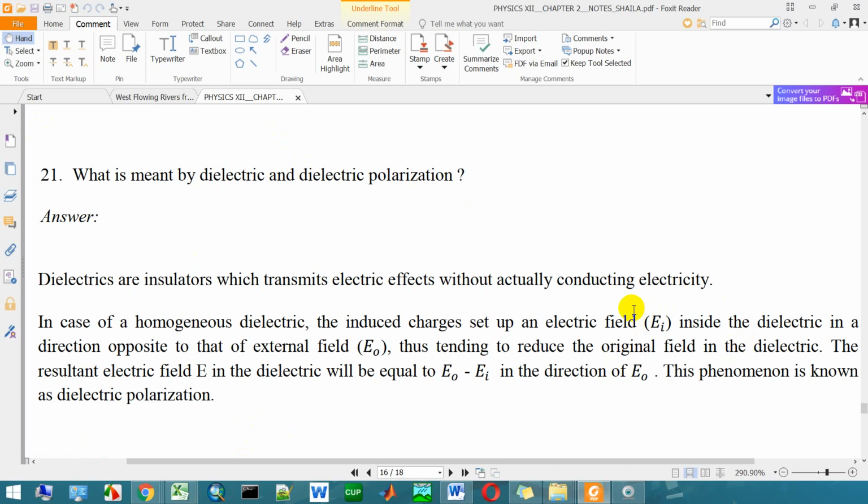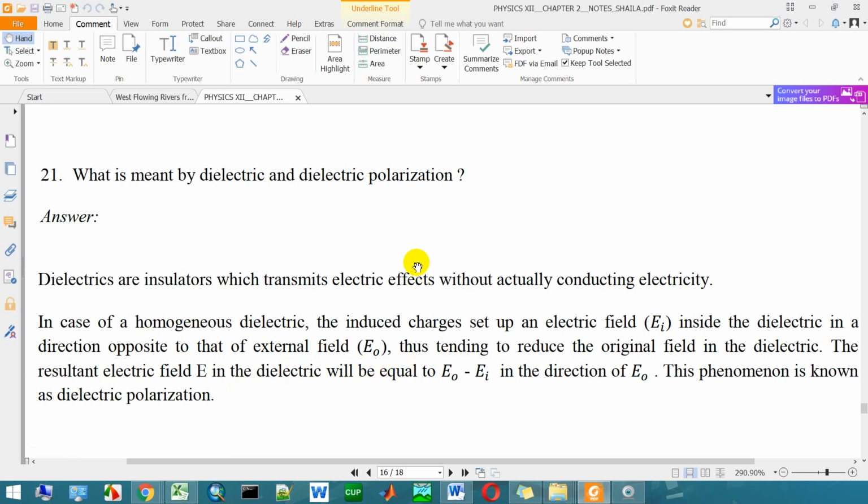So dielectric is also an insulator which transmits electric effect without conducting electricity. Now, in case of a dielectric, the induced charge inside the dielectric, if it is Ei, is opposite to that of the external field E naught.